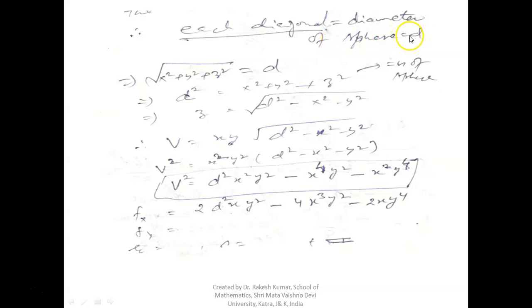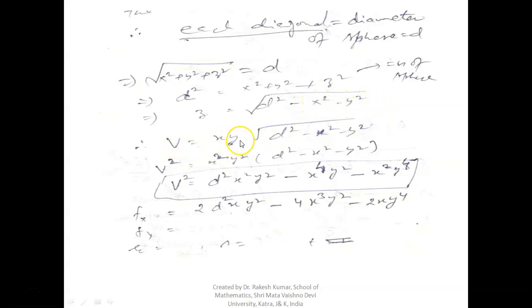Let us take it equal to d, and therefore d is nothing but the square root of x square plus y square plus z square. Just squaring this is the equation of the sphere, and therefore from this equation I get z is equal to the square root of d square minus x square minus y square.